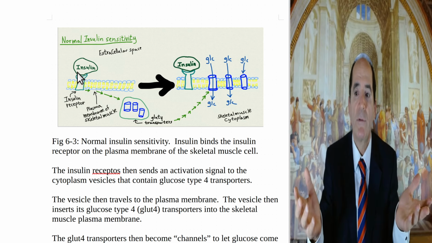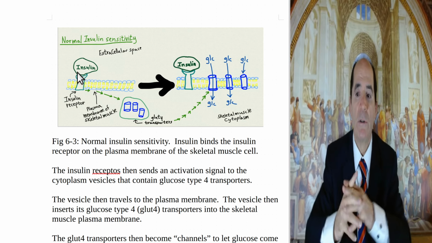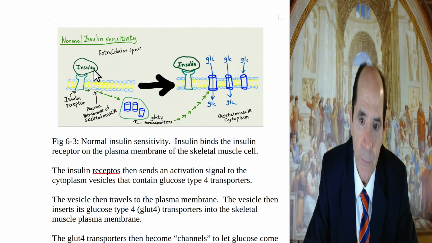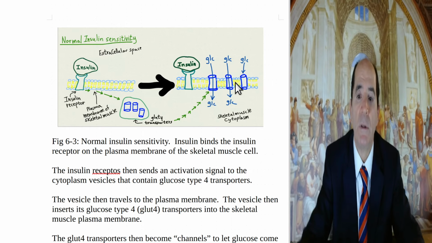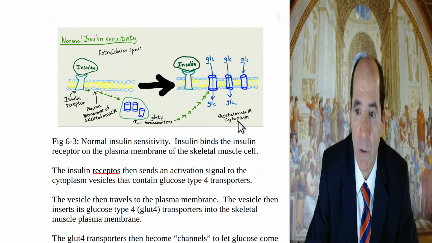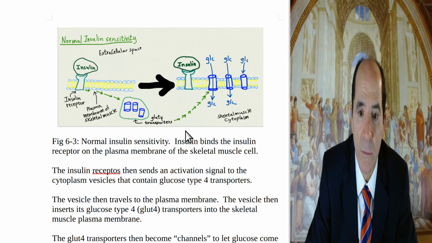Most of your glucose after eating, postprandial, should go into your skeletal muscle to be made into glycogen. And when insulin binds to the receptor on the plasma membrane of skeletal muscle, it sends glucose type 4 transporters from the cytoplasm up to the plasma membrane. They merge with the plasma membrane and they create channels to allow glucose to come into the cell. And that's how a skeletal muscle takes up glucose.